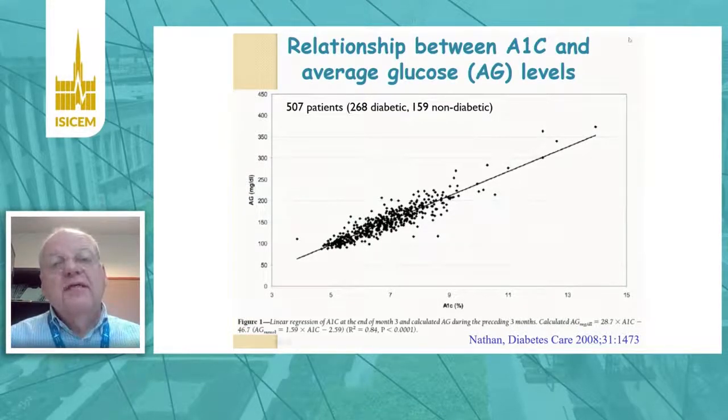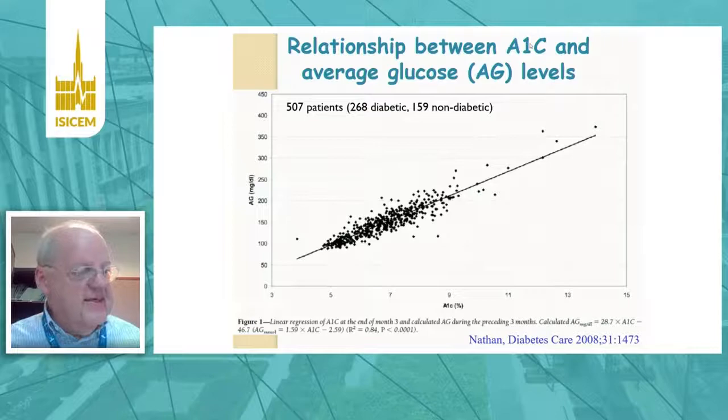And this was indeed clearly demonstrated and validated. When we looked in the department in Erasmus at the outcome of patients, the ICU mortality, and we looked at the glycemic ratio, which is the admission blood glucose divided by the average blood glucose estimated from the A1C, we got also a nice U-shaped curve.